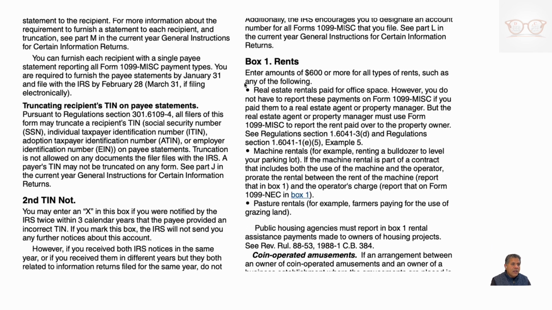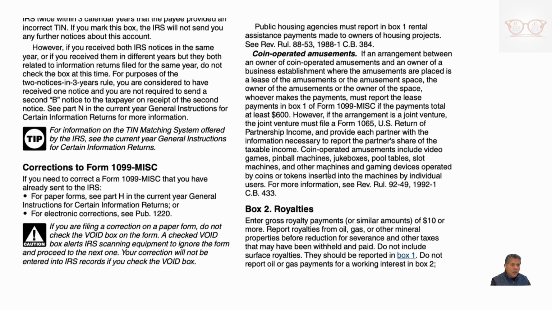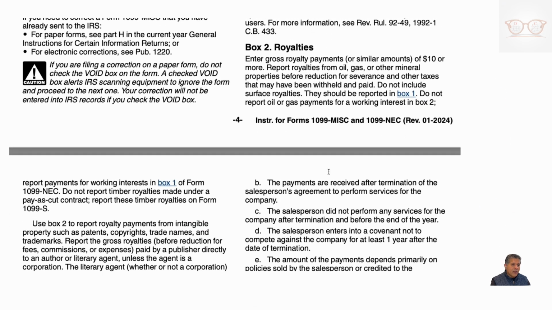Looking at rents, any rents that you pay in excess of $600, such as for real estate rentals, office space, etc., require a 1099-MISC. However, if you end up making those payments to a real estate agent or a property manager, you may not need to file a 1099-MISC. Machine rentals is another topic. If you do that, take a close read of the rules for that.